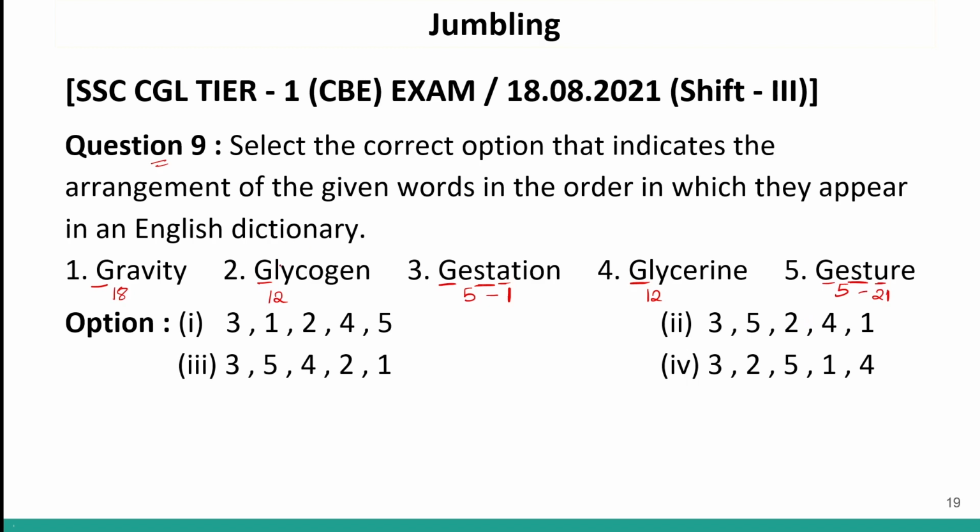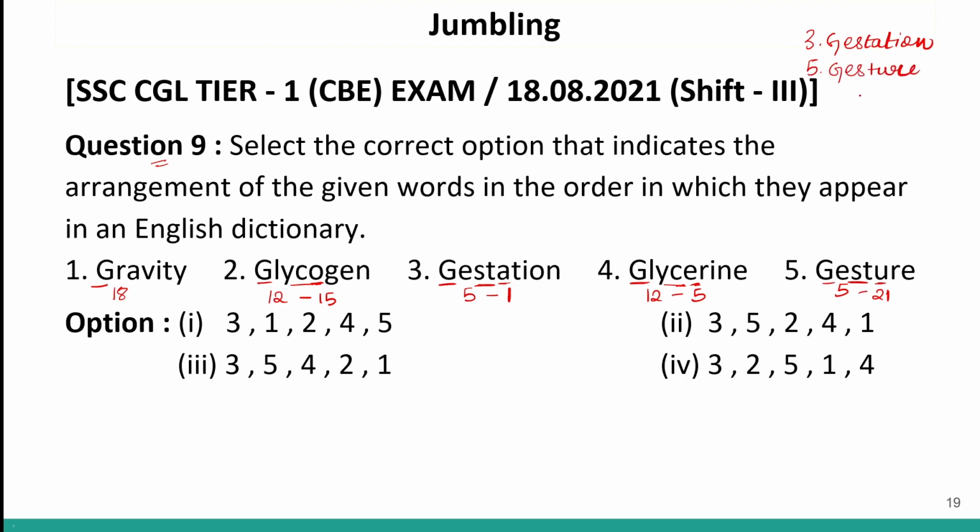Correct? Now, between glycogen and glycerine, I can see that after L, Y and C are the same. So we'll move on to the next letter after C. After C, we have O. O is 15. And over here, after C, we have E, which is 5. So logically, the correct order will be, the first word will be gestation. Then the second word will be gesture.